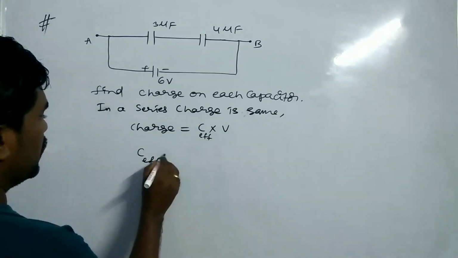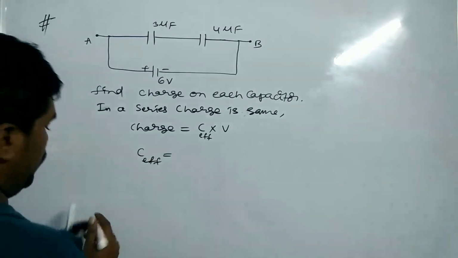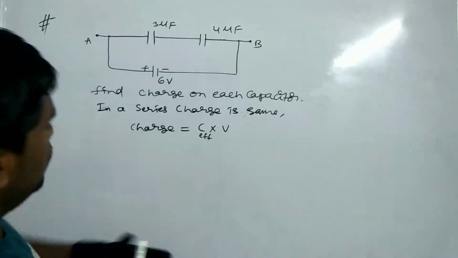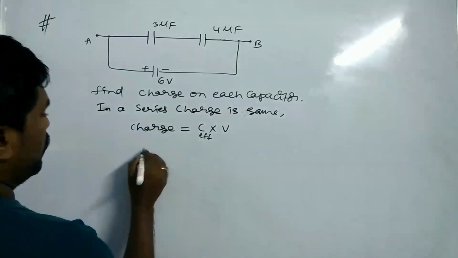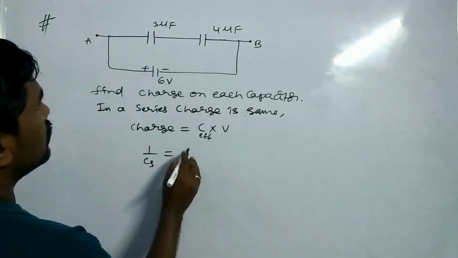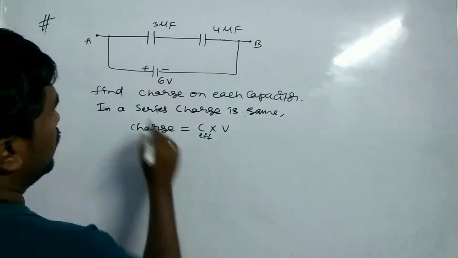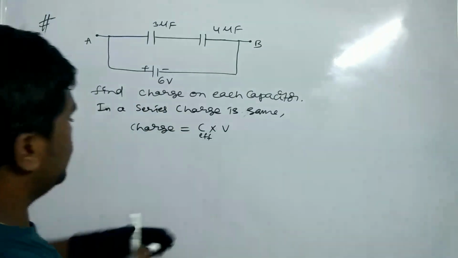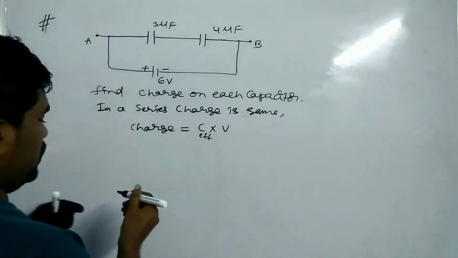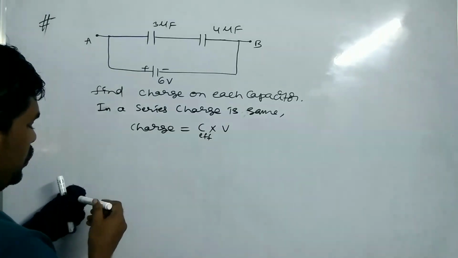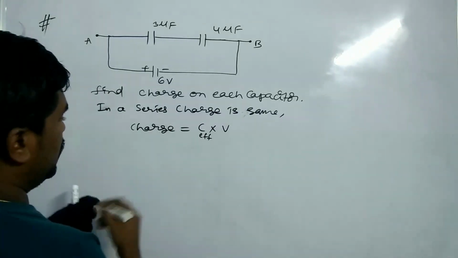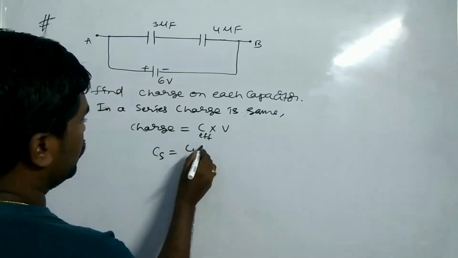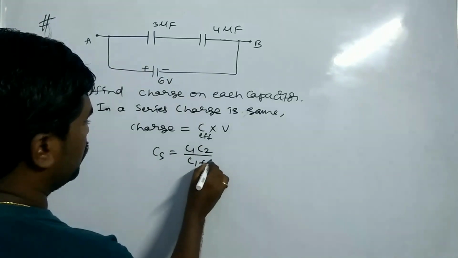C effective, these are in series combination, so 1 by CS is equal to, directly you can write CS is equal to C1 C2 by C1 plus C2, right?